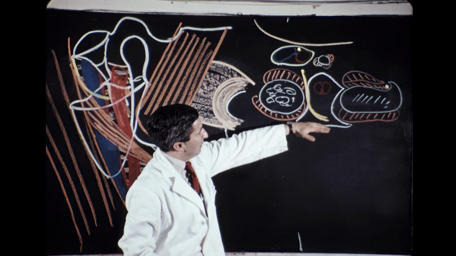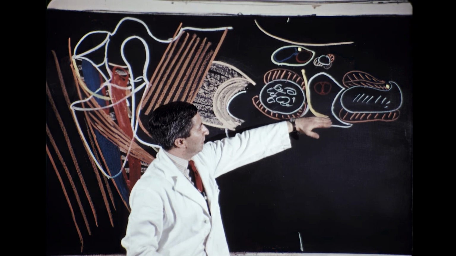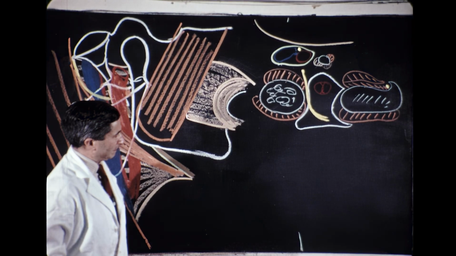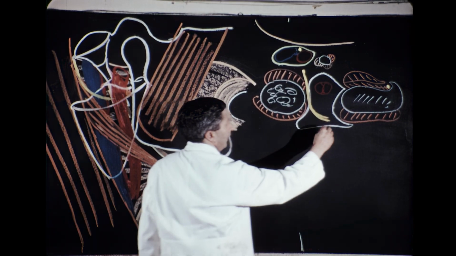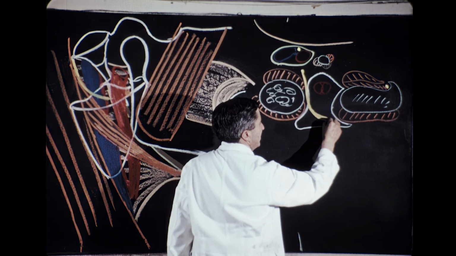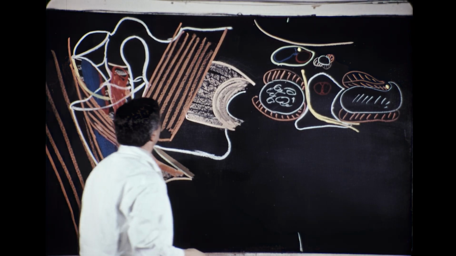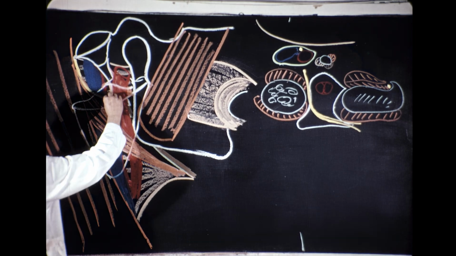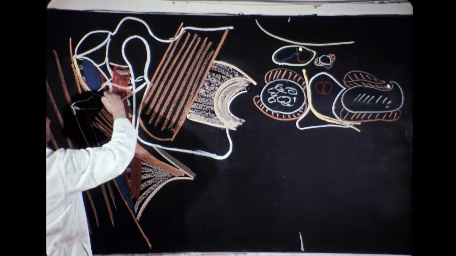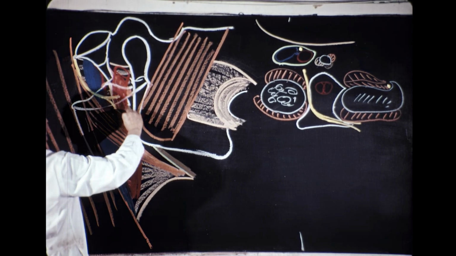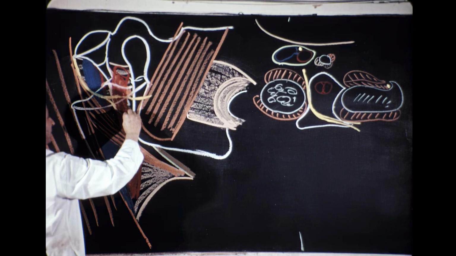Now this divides the parotid into a superficial part and a deep part. And the facial nerve, having divided into these two branches, emerges on the anterior border. And so we see the facial nerve going into an upper division and a lower division and emerging from the front.